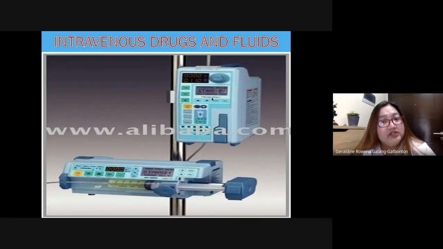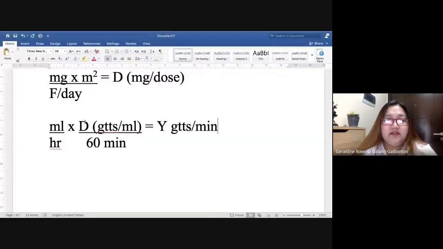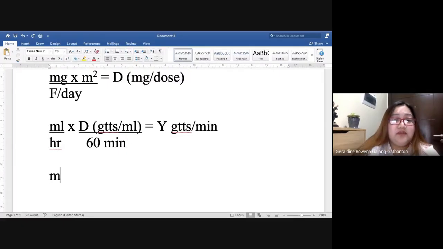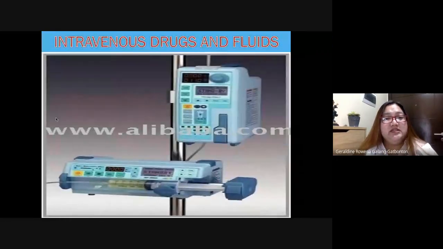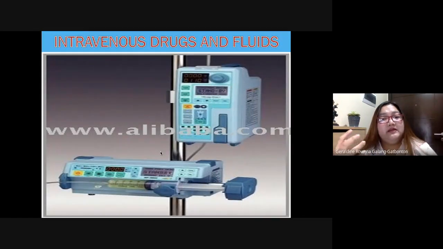Pag meron kang machine, infusion pump or syringe pump, you do not need this long formula. Ano lang ang kailangan mo? Simply the ml per hour. So, ito lang yung kailangan mong computein pag meron kang machine, because these machines, sila na mismo yung magre-regulate na sa loob ng isang oras, gaano karami yung gusto mong ilagay sa patient.